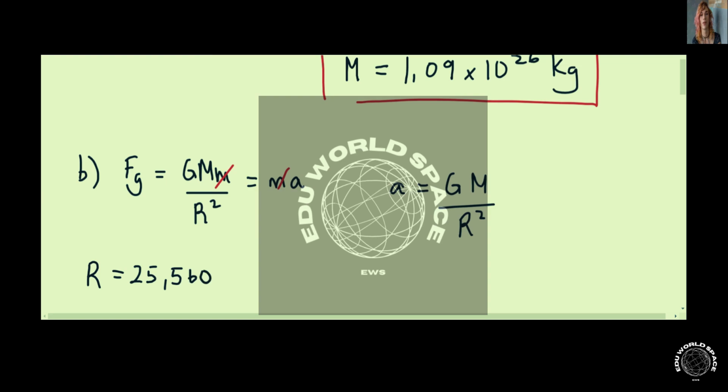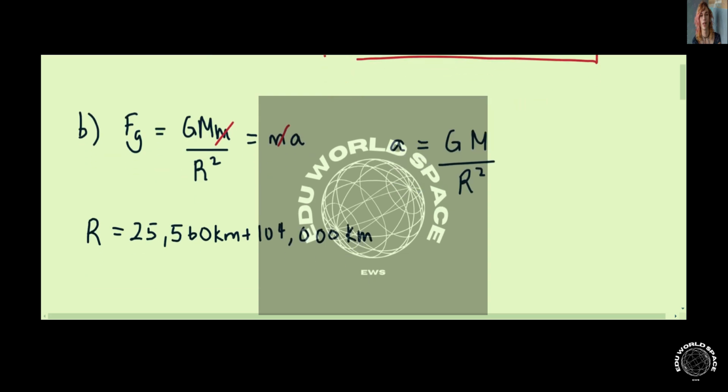So we're going to add the 25,560 kilometers and the altitude of Miranda, 104,000 kilometers. Together, that's going to give 129,560 kilometers, or we can also write that as 1.2956 times 10 to the 8 meters.